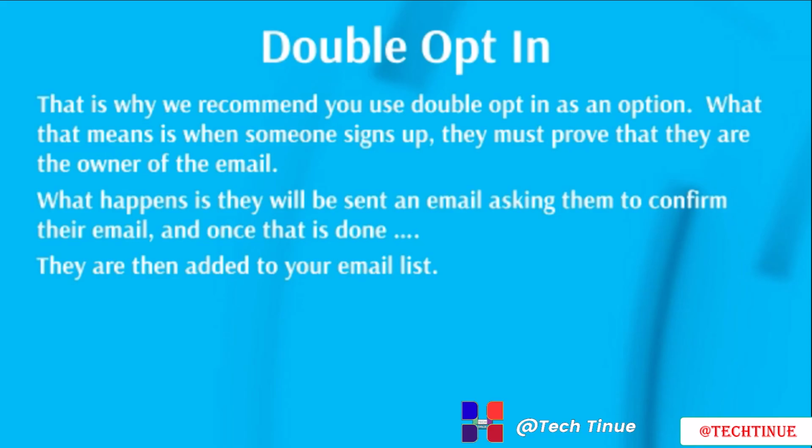But if you do double opt-in, 500 people may opt in, and maybe 100 of those are fake, and maybe you'll only get 300 people to actually confirm their email. But at the end of the day, what we found is double opt-in actually converts better. You're going to get a higher conversion rate, higher open rate, and higher click-through rate.